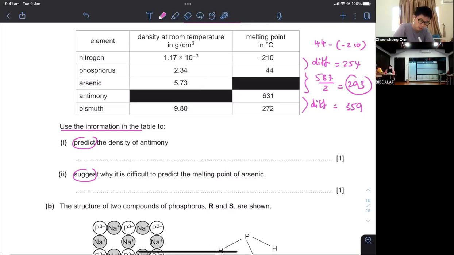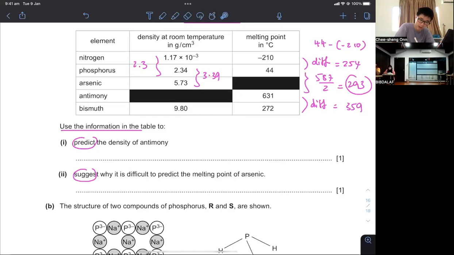Okay, 2.34 to 5.73. So they give me 3.39 difference. And then this is very small number. This to this is give or take around 2.3 difference. And then 5 to 9 is around difference of 4.